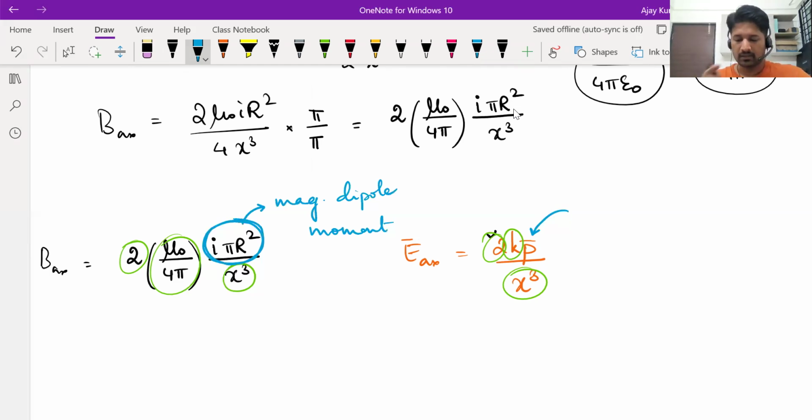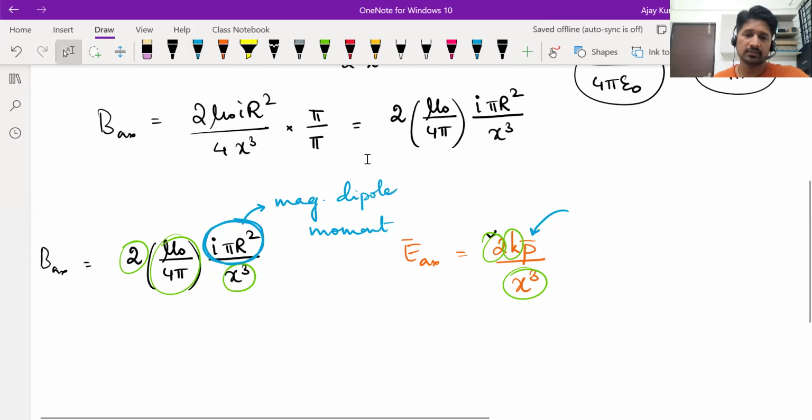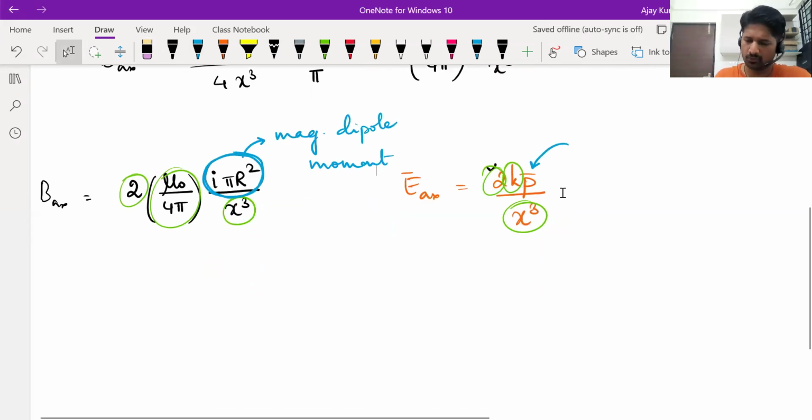Now, of which system is this the magnetic dipole moment? A circular loop, I should say, not coil. A coil has a number of loops, but we just derived for a single loop.